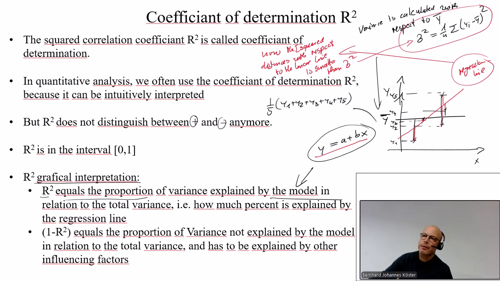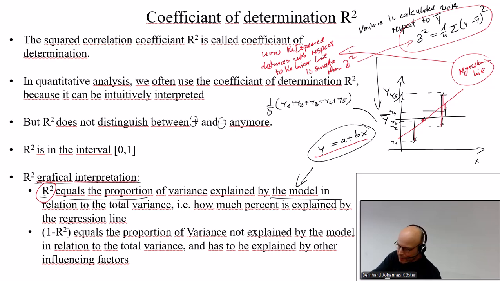And then, of course, we can say, well, the ratio of these two numbers, this we could then interpret as how good is our fit, or how much we have improved by turning this linear line with respect to just taking the horizontal line, which means just calculating the dispersion with respect to the average. And for this, we can then interpret r squared, that r squared just gives us this relative number.